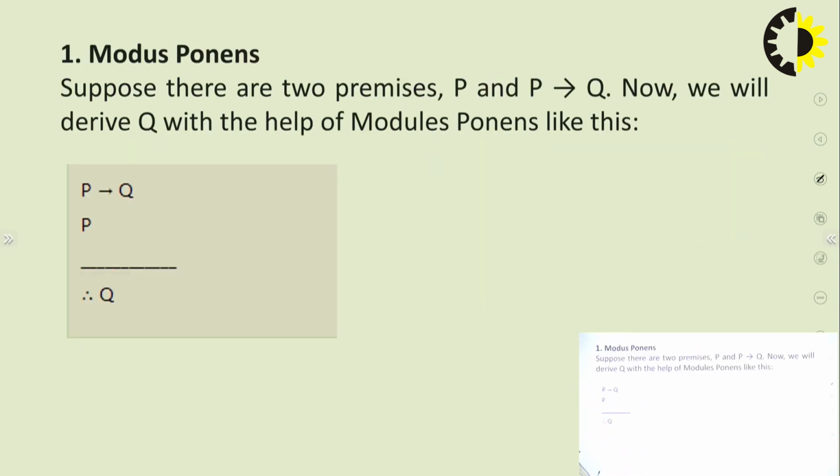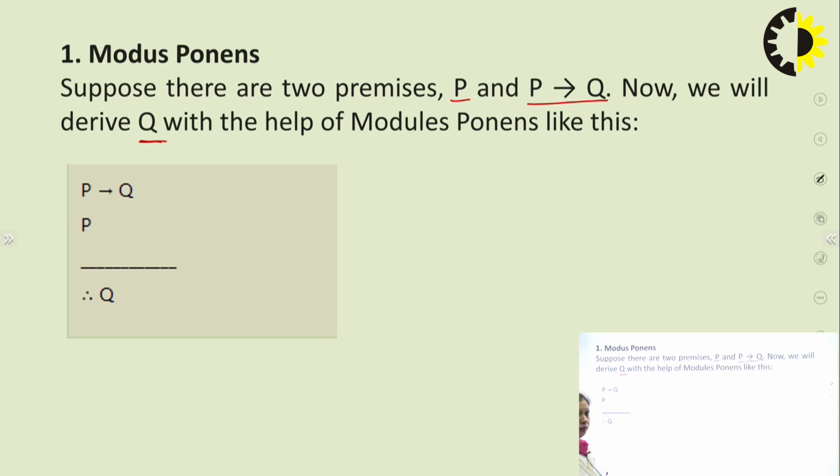The first rule of inference is known as modus ponens. This rule says that if there are two premises, that is P and P implies Q, then what can I conclude? I can conclude Q from this. This rule can directly be applied to a given set of premises.